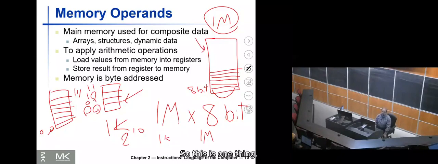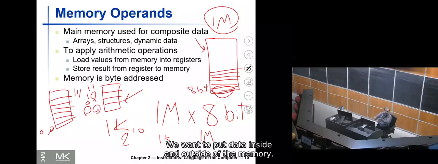So this is one thing. And then the other thing is the content of each cell, which in this example I told you is an 8-bit memory. So how many data bits does this memory have? Data. We want to put data inside and outside of the memory. How many bits do we need? 8 bits. Yes, 8 bits.